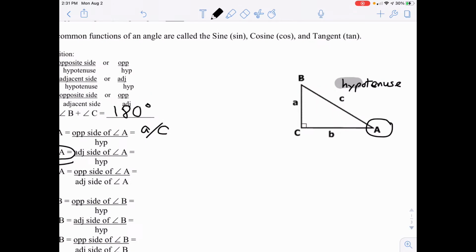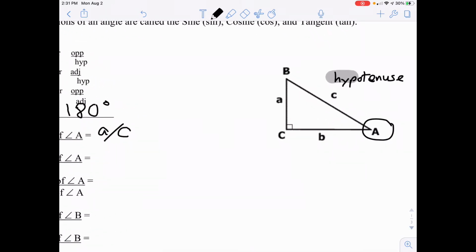So this is something we need to get into perspective here, and that is the opposite side of angle A, and this right here would be the adjacent side of angle A. The word adjacent means next to. So you can see side B is right next to angle A.